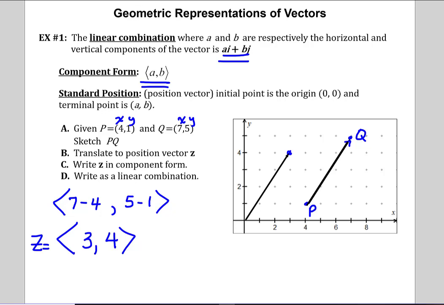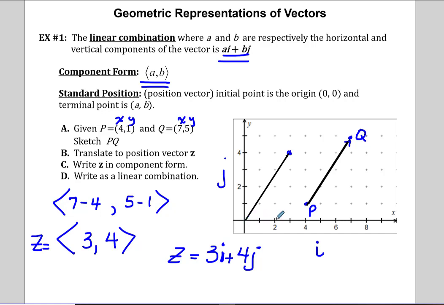And then if we write that vector in linear combination form, then that vector would be 3 in the i direction and 4 in the j direction. Now don't confuse this with polar form like we did in the last lesson. i is the x-axis and j is the y-axis, and they represent a unit vector.